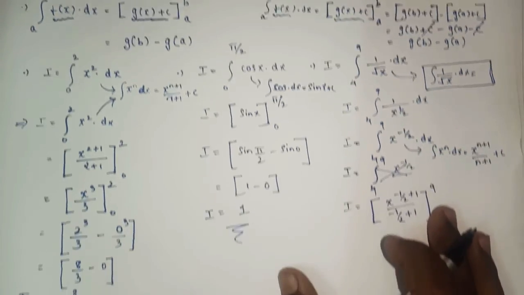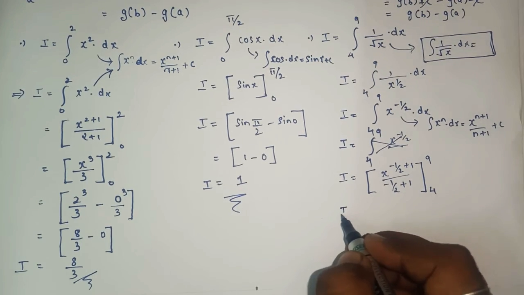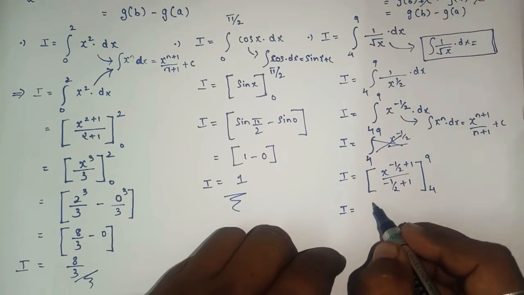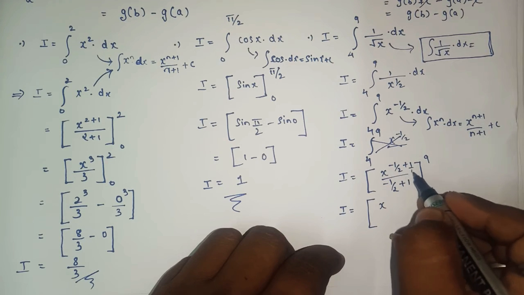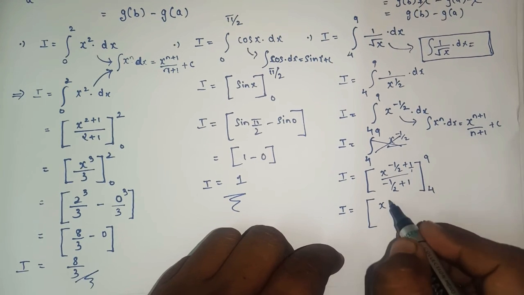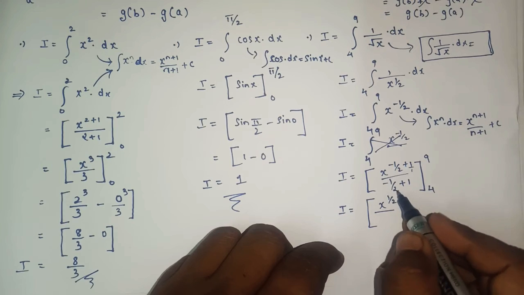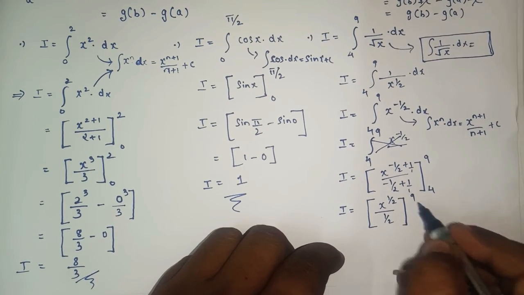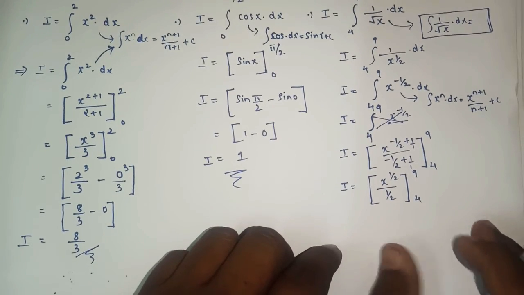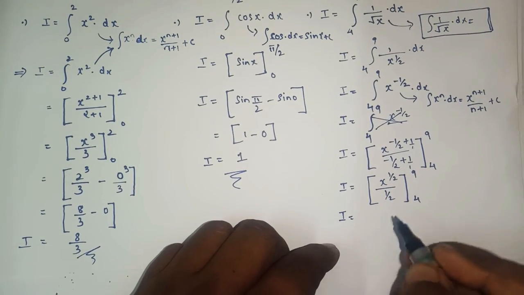Okay, then clearly we can see that when you solve this part, minus 1 by 2 plus 1, so here 2 minus, this will be 1 by 2, and here again you will get 1 by 2, with limits 9 and 4. Okay, now let's see how to find the answer.